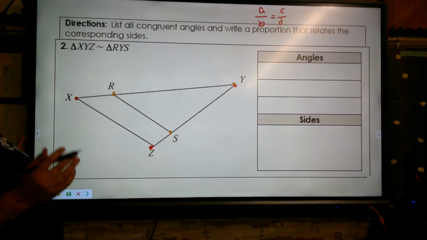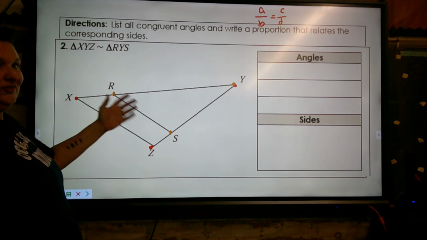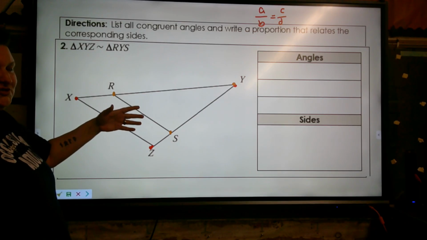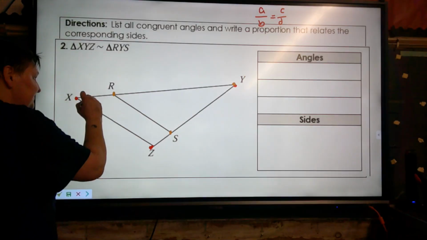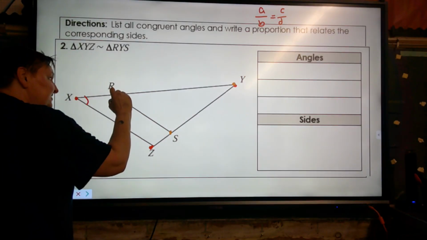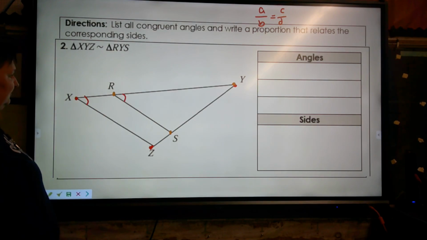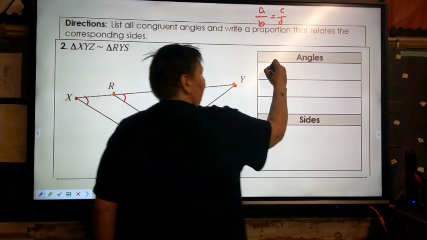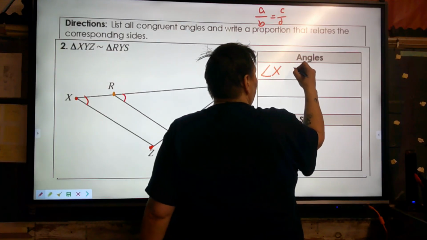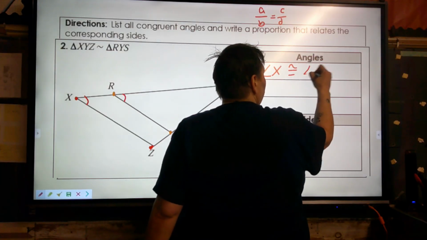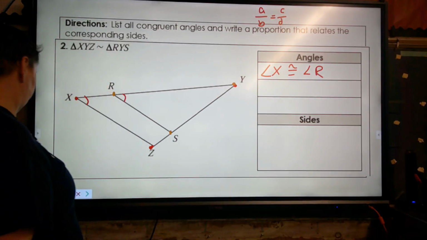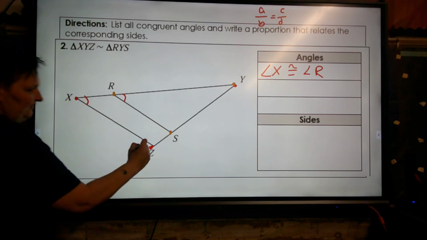So now we have to figure out which angles correspond. They're already stacked. This one should be super easy. This angle is congruent to this angle. X and R. Angle X is congruent to angle R.